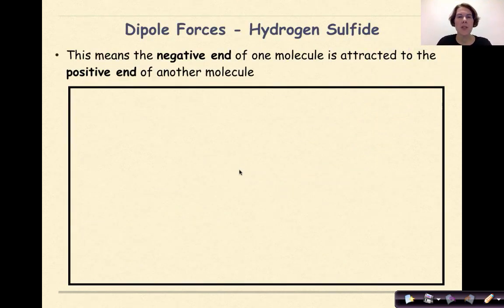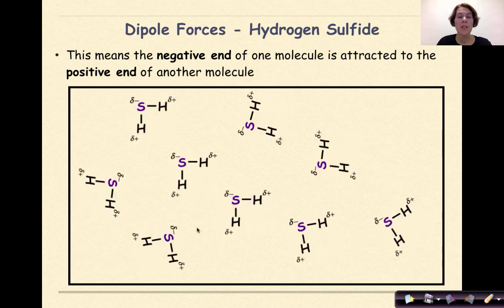Let's see a representation of these dipole forces in action with the molecule hydrogen sulfide. So let's put a bunch of hydrogen sulfide molecules in this box. There they are. In order to see the dipole forces between the hydrogen sulfide molecules, we're going to have the negative end of one molecule be attracted to the positive end of another molecule.